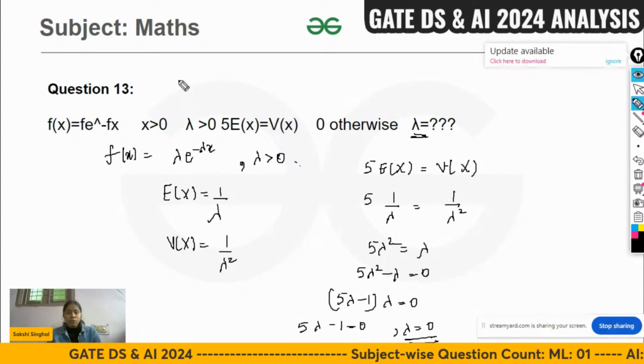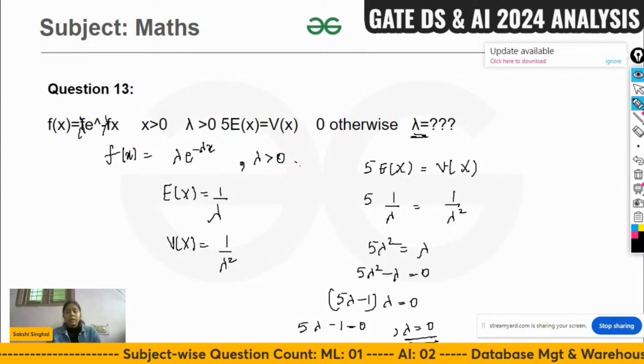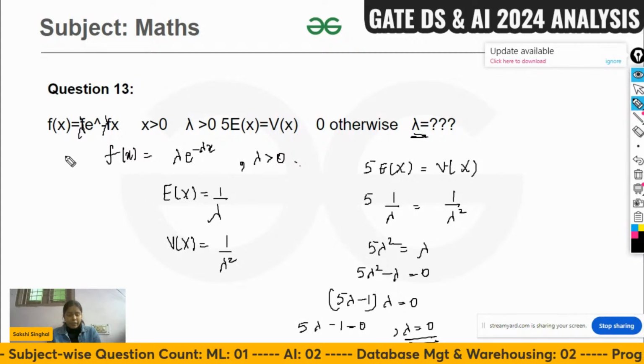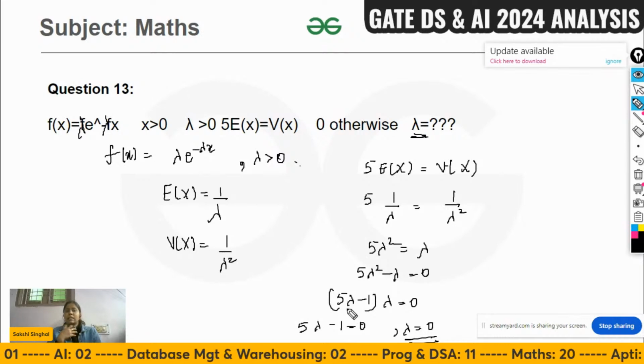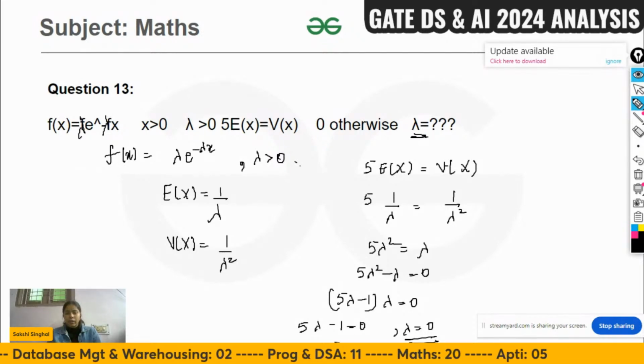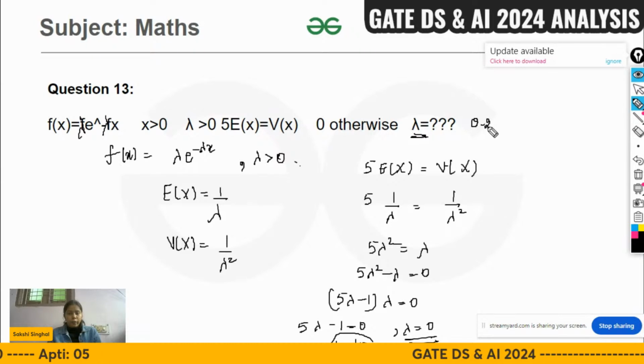But lambda equal to 0 is not possible, because if I put lambda equal to 0, the complete function would become 0, right? I do not want that, because this is my density function. So here lambda would be 1 by 5. Right? So lambda is 1 by 5. That means 0.2 would be your answer.